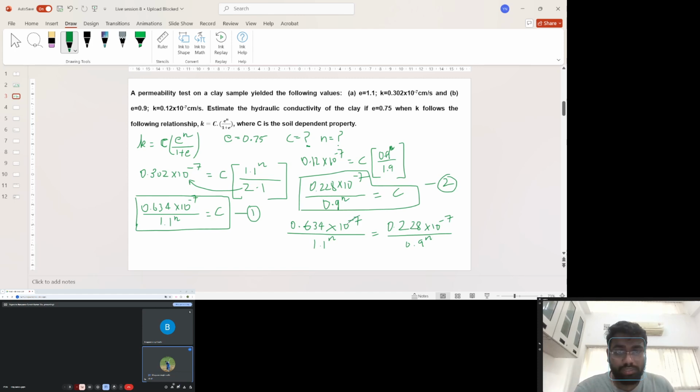Alright, so this and this will get cancelled. You can bring the n to one side. So this will be 0.634 by 0.228 equal to 1.1 by 0.9 whole power n.